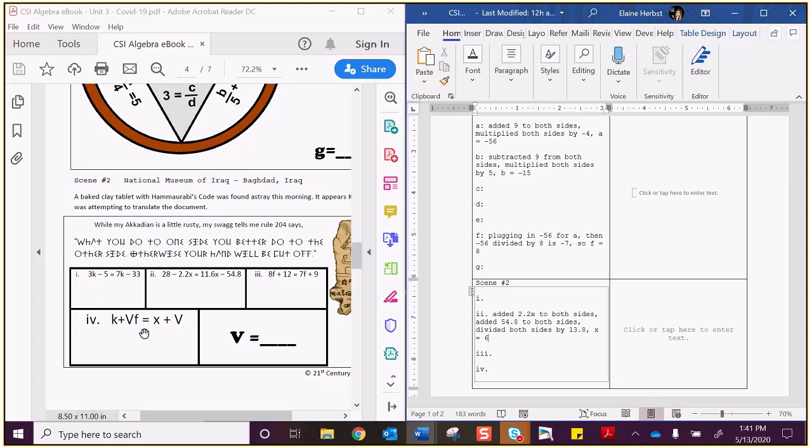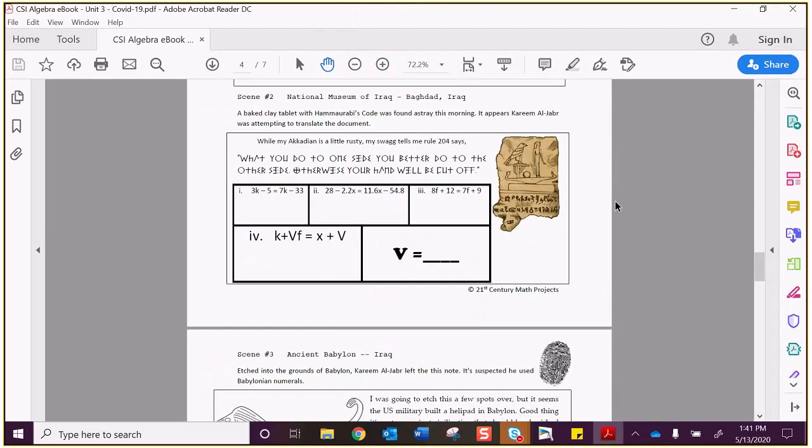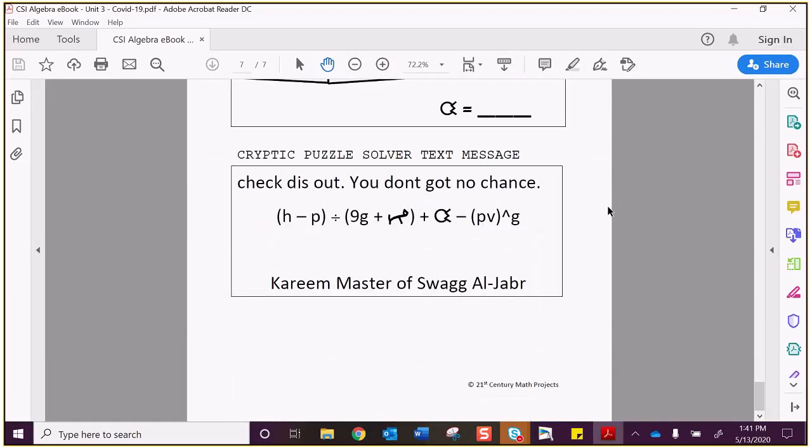They have variables on both sides. This is all the farther you have to go today. Remember, the very end is for us to get all the way through all these tasks and then be able to use this cryptic text here to figure out who Kareem, the master of swag algebra, is.